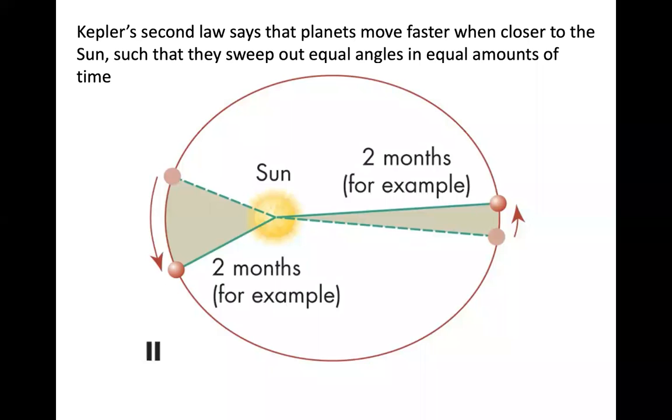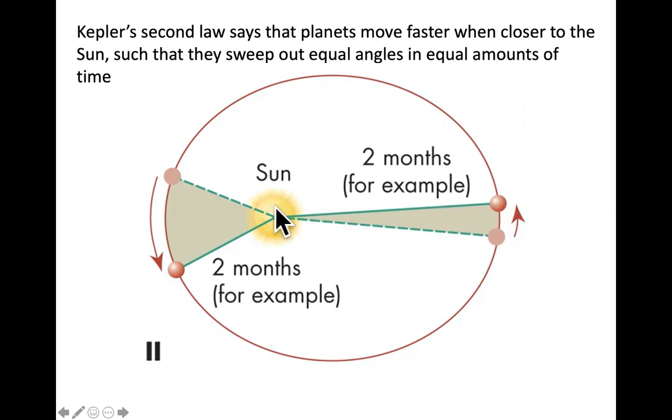Okay. The second rule, or Kepler's second law, says that planets move faster when they're closer to the sun, especially if they're on elliptical orbits. The way it's often phrased is they sweep out equal angles in equal amounts of time, which is just a nice quantitative way to describe it. So if you have an object orbiting the sun on an eccentric orbit, when it's far from the sun, over a period of 2 months, it might move this much.